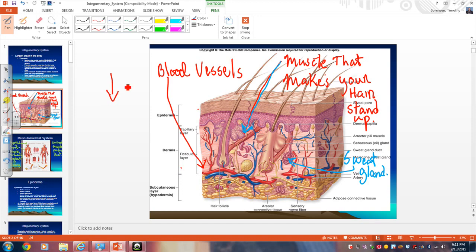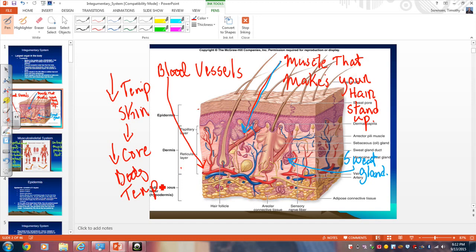So when there is a drop in the temperature of the skin, and there begins to be a drop in core body temperature, that drop in core body temperature is detected by the hypothalamus.